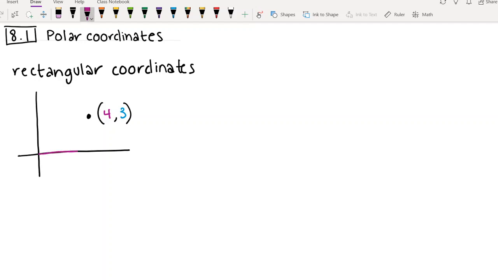Well, the x coordinate is a horizontal distance, and the y coordinate is a vertical distance. And so that's why it's called rectangular coordinates, because you're measuring in this rectangular way, right? You're seeing how far do you have to go over, how far do you have to go up. It kind of forms this rectangle.